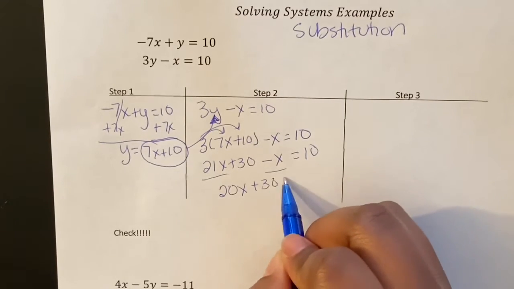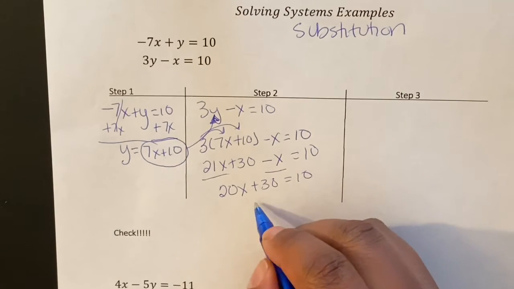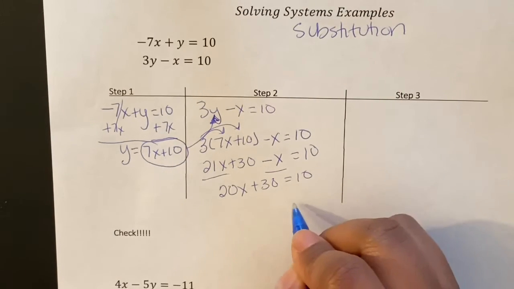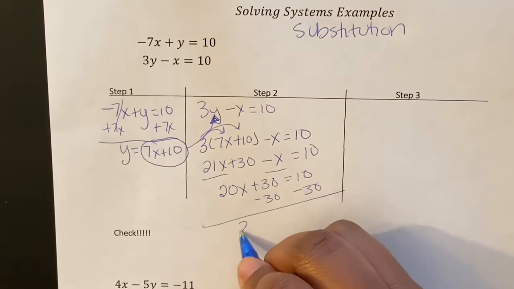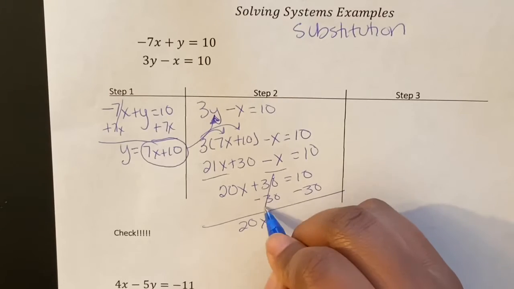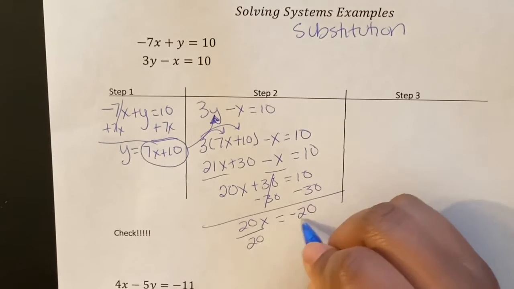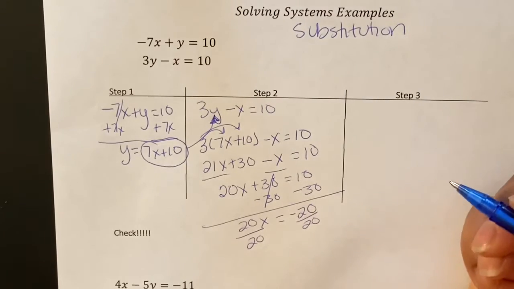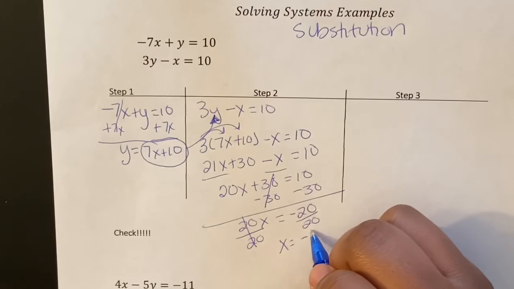Plus 30 equals 10. Get x by itself by subtracting 30 on both sides. 20x equals negative 20. Divide by 20. Okay. X equals negative 1.